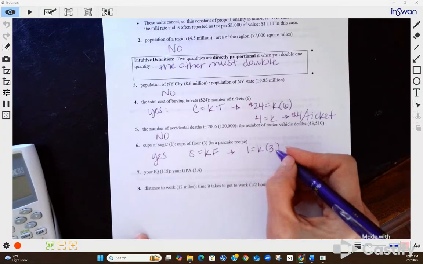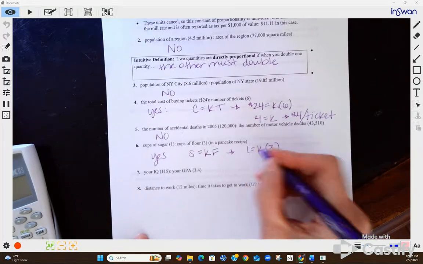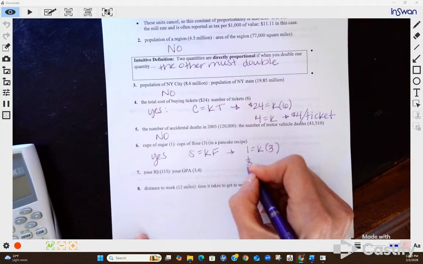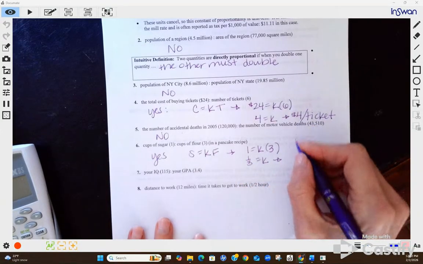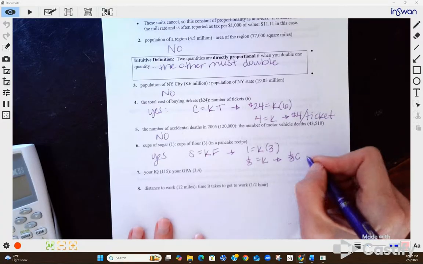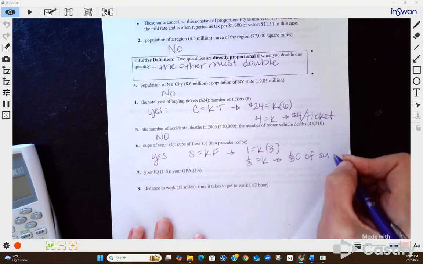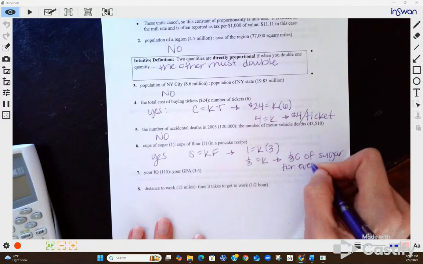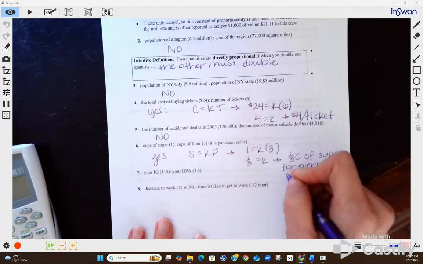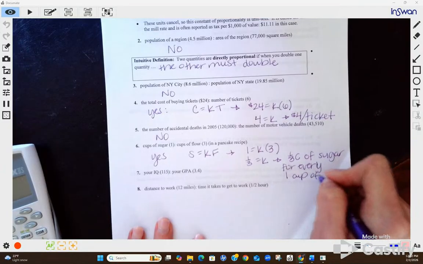So to solve for k, since it's k times 3, you divide both sides by 3. So 1/3 equals k. And so what that says is that there's 1/3 cup of sugar for every 1 cup of flour.